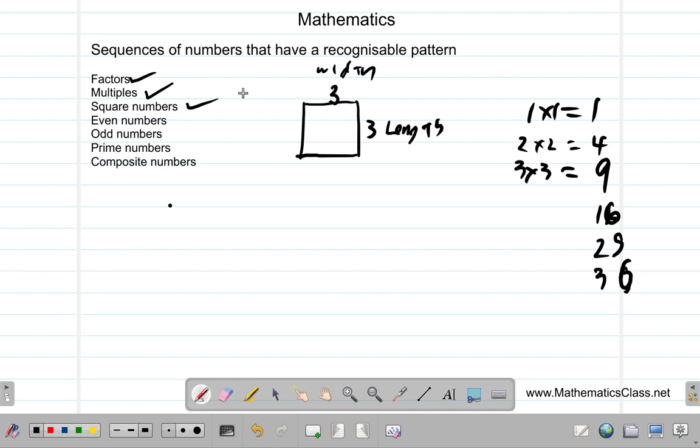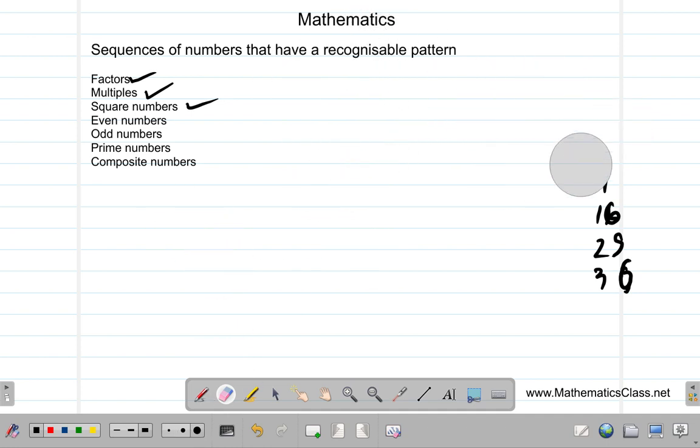Then we talk about even numbers. I erased it already, so if you want to write it down, you have to go back, pause the video and write it down. Now, even numbers.